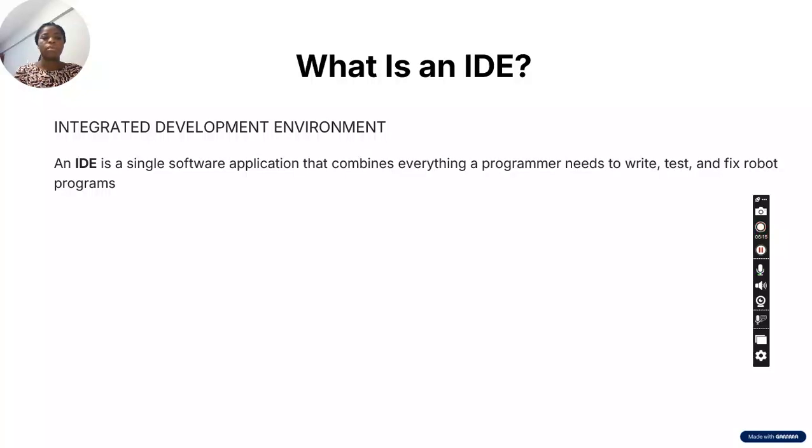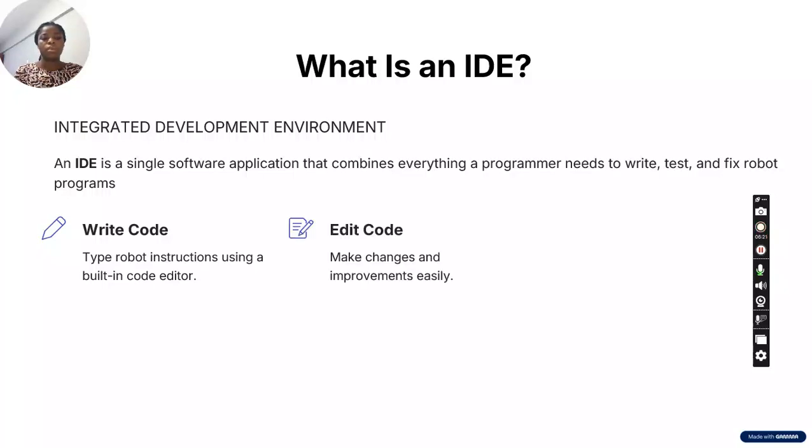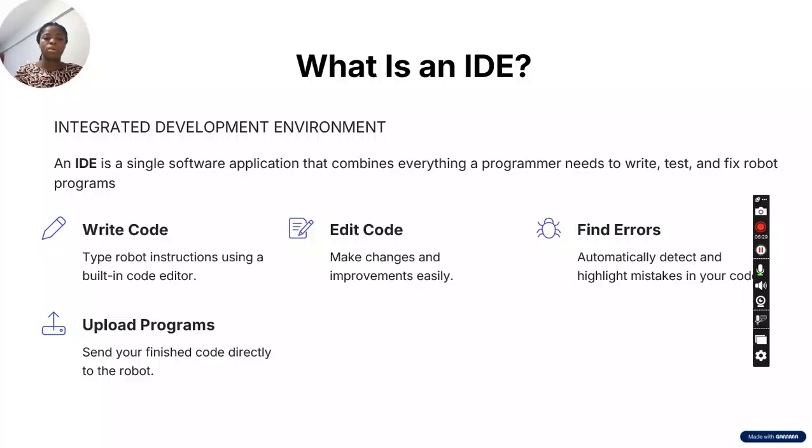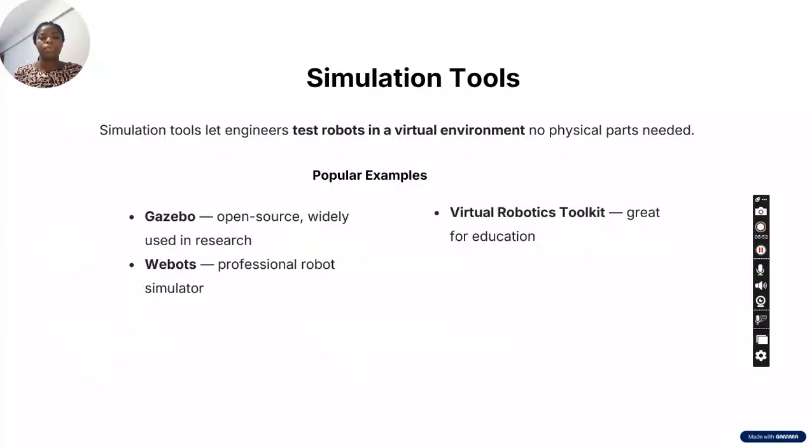It helps the engineer write code, edit code, find errors, upload programs, and test programs too. So it serves a multi-functional purpose for engineers, making their work easier and faster.